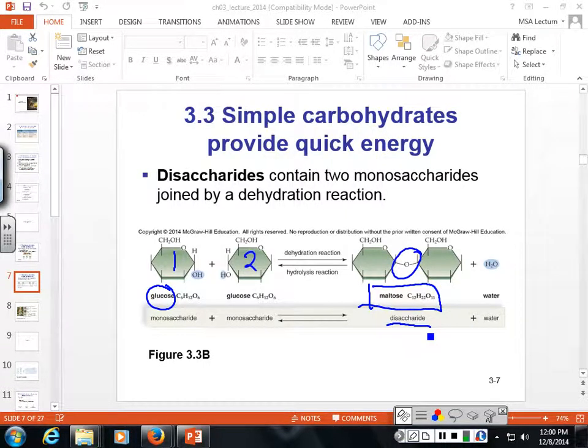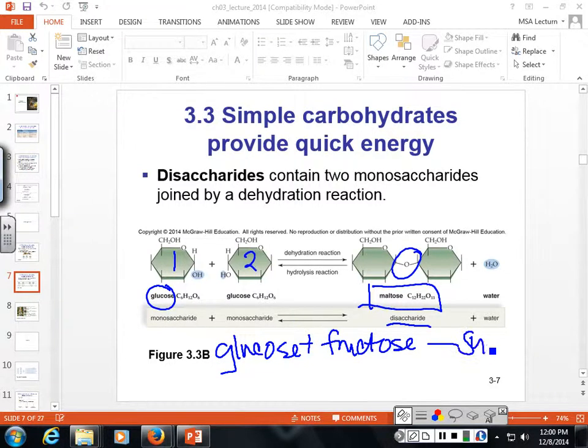So now there's something called maltose if we take 2 glucoses and put them together. One that we're probably also familiar with, if you take glucose and you add a fructose to it, you will get sucrose. And sucrose is table sugar. You sprinkle it on your Rice Krispies.